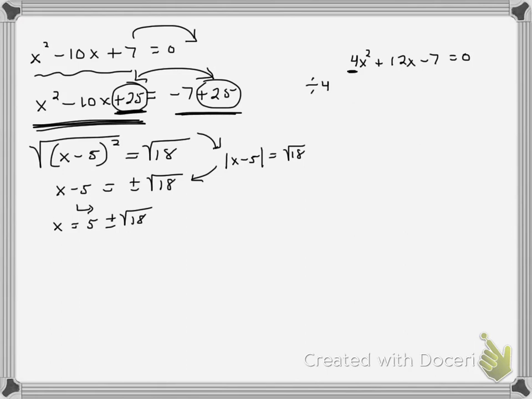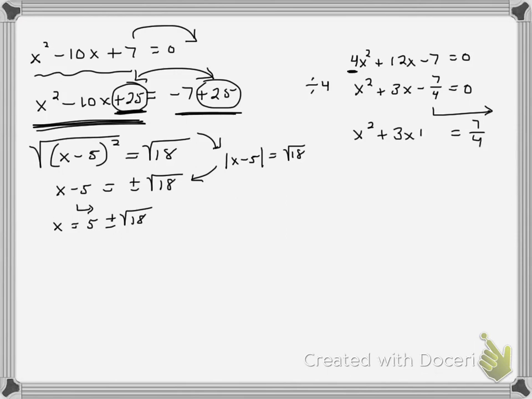So 4 divided by 4 is 1, and I'll end up with x squared plus 12 divided by 4 is 3x minus 7 divided by 4. I'm going to do this with fractions first, and then I'll go back and do it with decimals. This is the way I would tend to do it. Okay, I'm going to take this to the right side, because that does not represent a completed square. So I'll have x squared plus 3x equals 7/4.